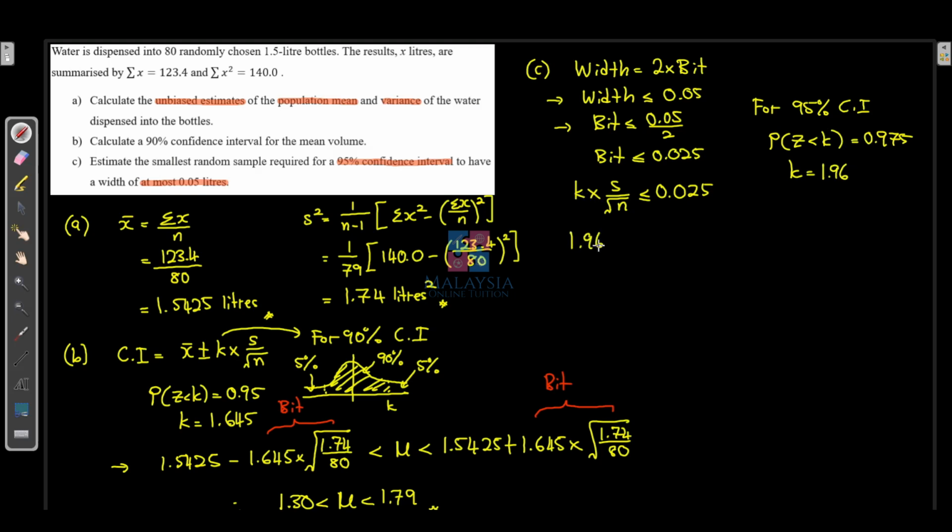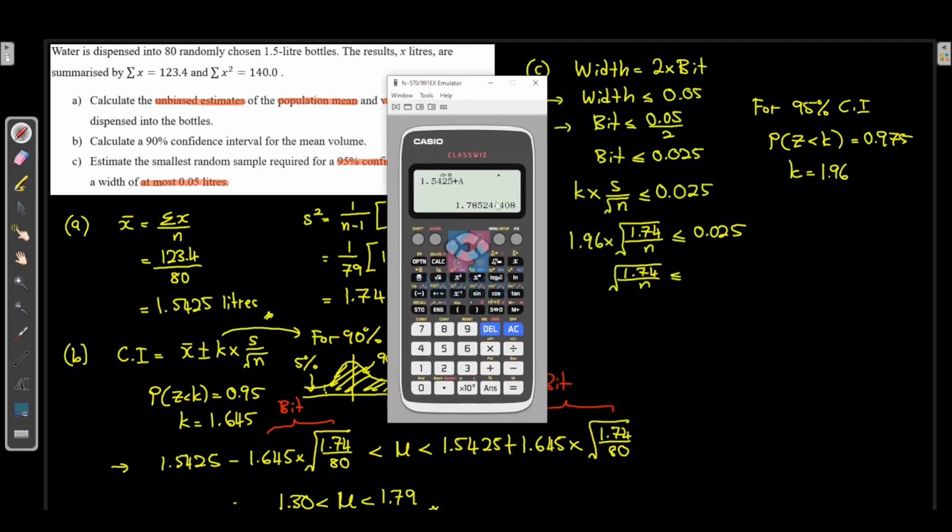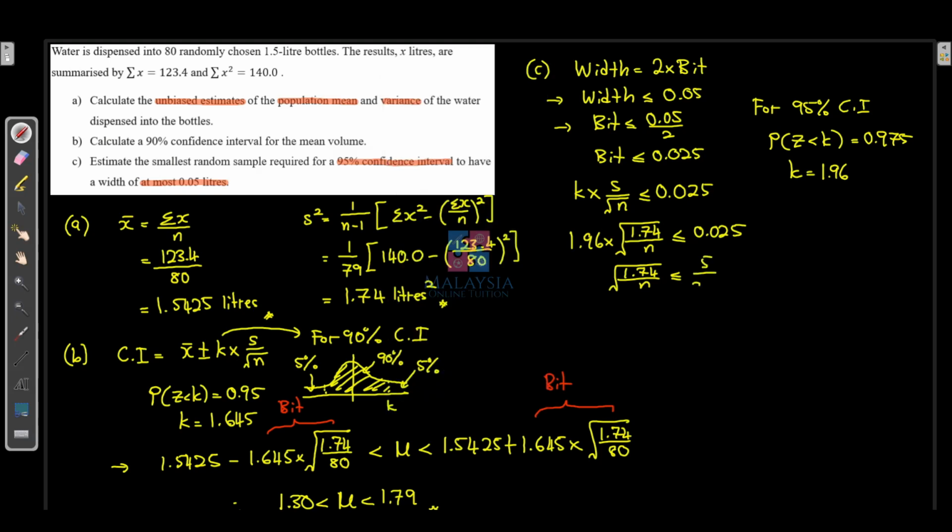So 1.96 times square root of 1.74 divided by N, because we want to find the N, less than or equals to 0.025. So now we can shift one by one. Square root of 1.74 over N less than or equals to 0.025 divided by 1.96, we get 5 over 392.